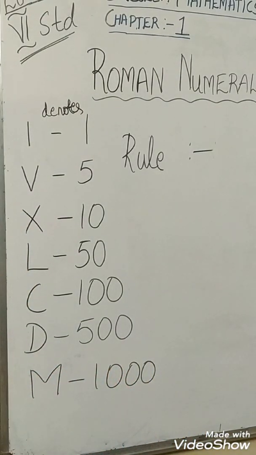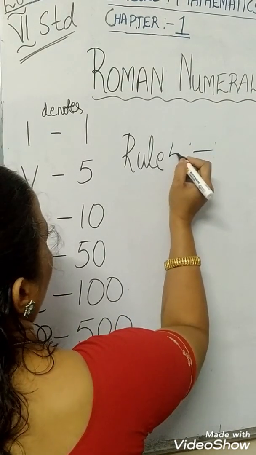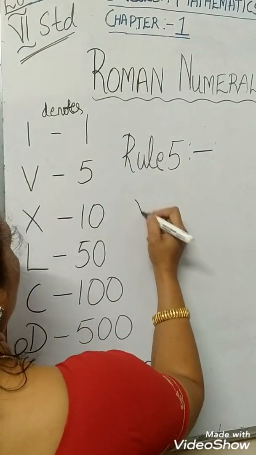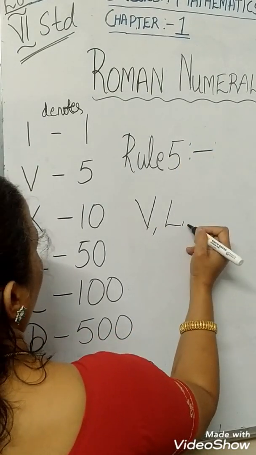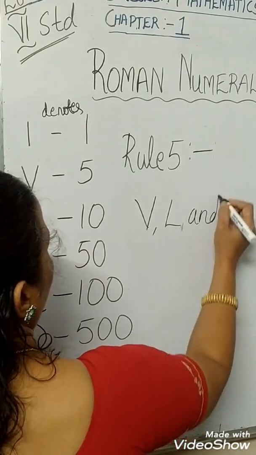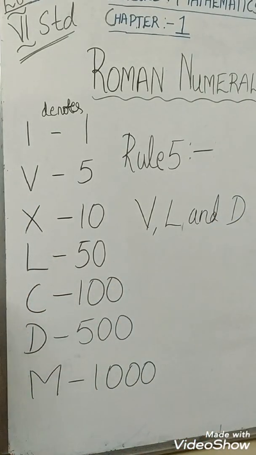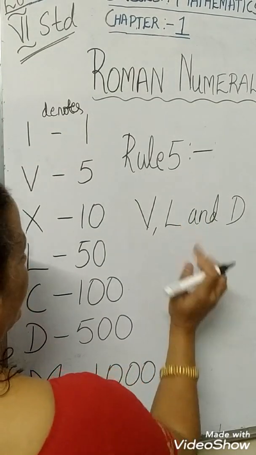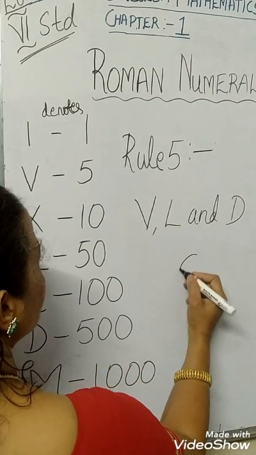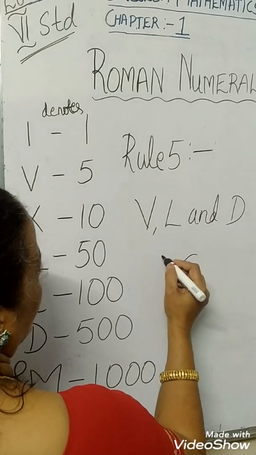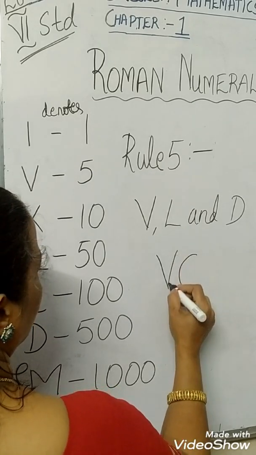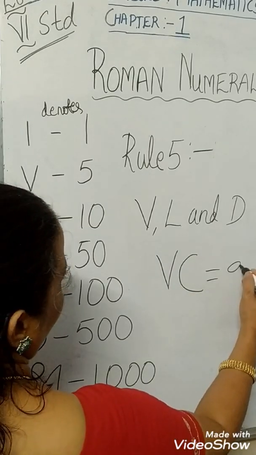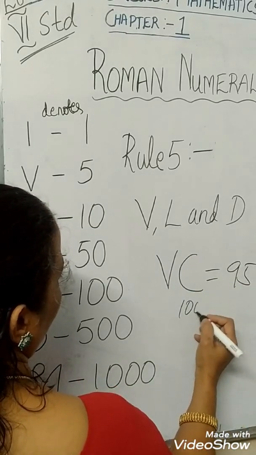Rule number 5 tells that the symbols V, L and D are never written to the left of a symbol of greater value. They are never written before the symbol of greater value. For example, look here, C, and if you write V before it, it is not 95. It is not 100 minus 5.